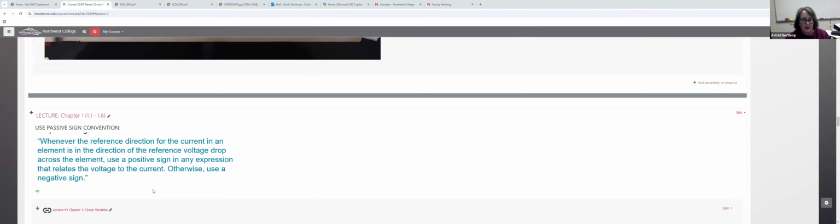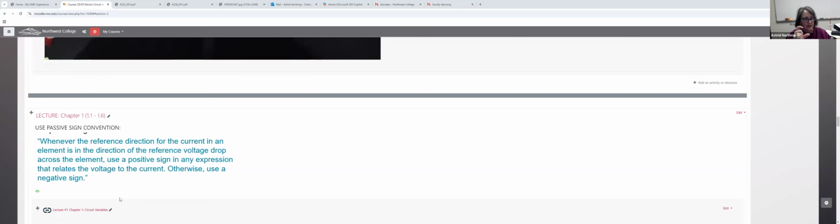A couple of things that are really important are up at the beginning. I have put the passive sign convention usage. The statement is: whenever the reference direction for the current in an element is in the direction of a voltage drop across the element, use a positive sign in any expression that relates voltage and current, otherwise use a negative sign. What that means specifically is that a voltage drop means going from positive to negative on the battery or whatever the element is.